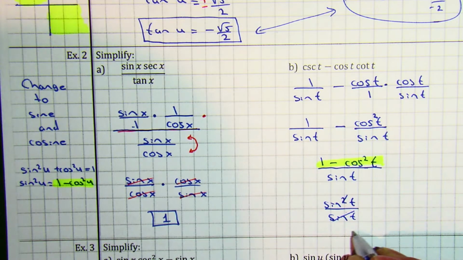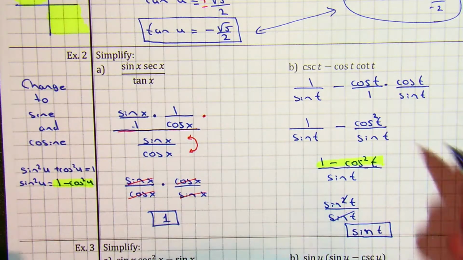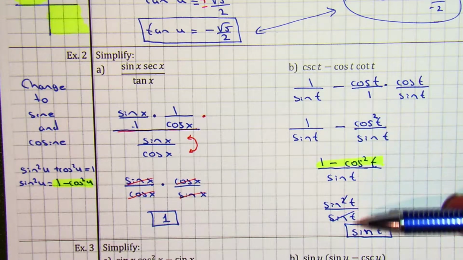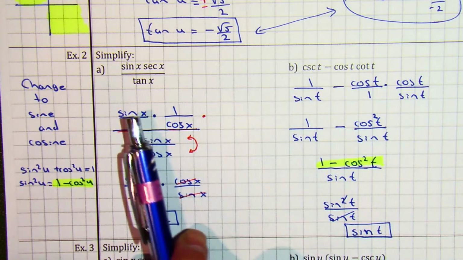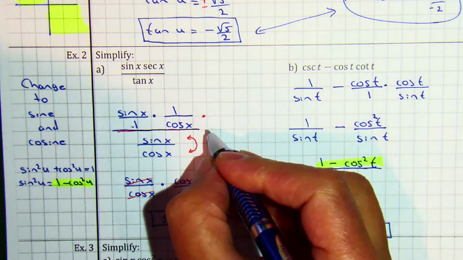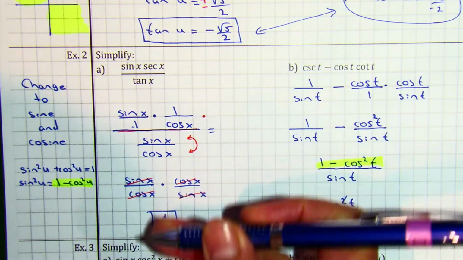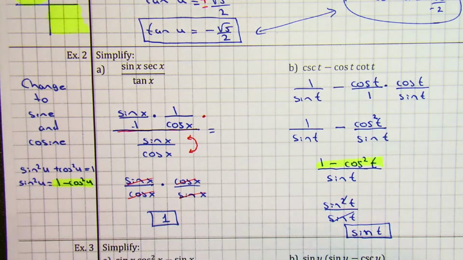So therefore, this is equal to the sine of t. Notice that throughout the process, I'm working vertically to get to my answers. I'm never going sideways. So I never place an equal sign here and then place the result here. You always want to be able to work down. Even if you need more space, make a little more space.